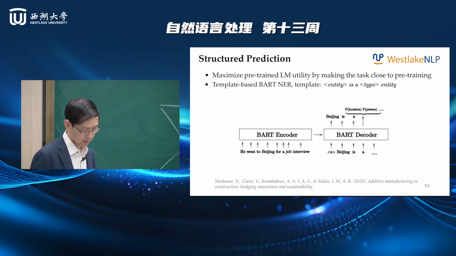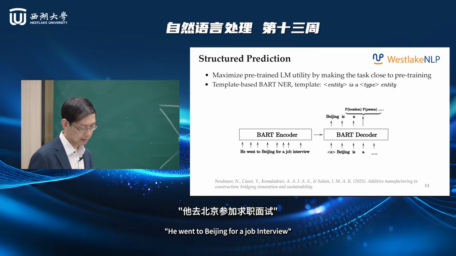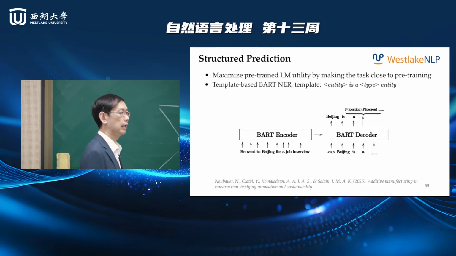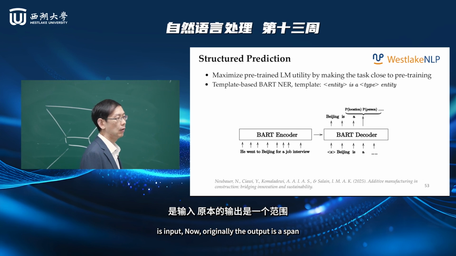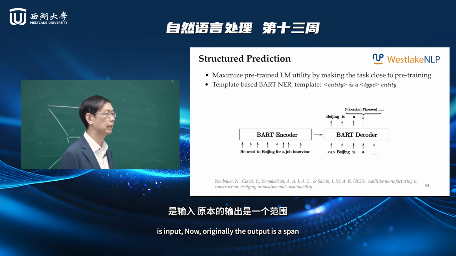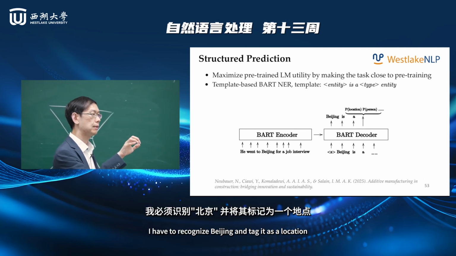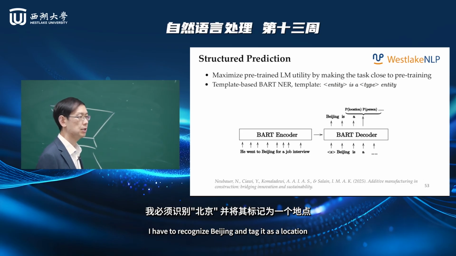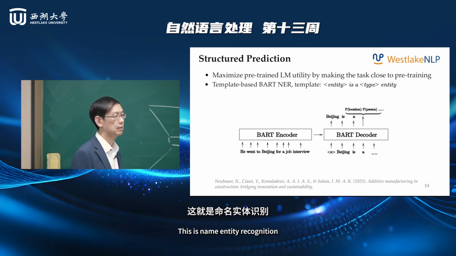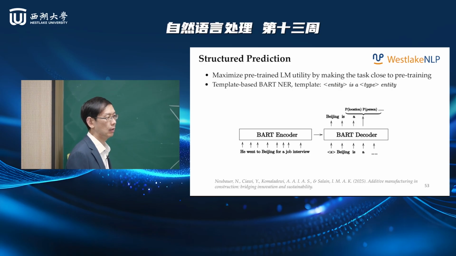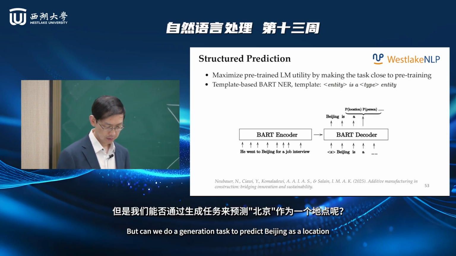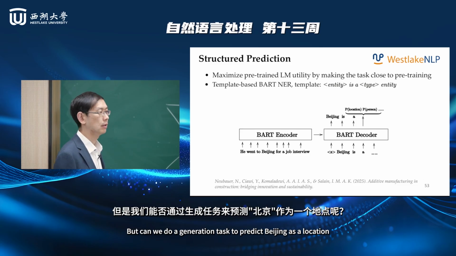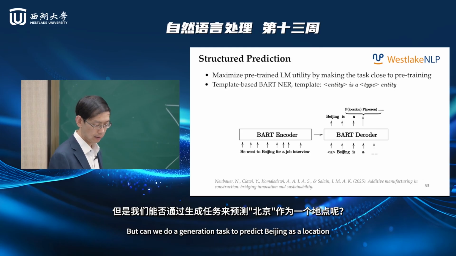So "He went to Beijing for a job interview" is the input. Now, originally the output is a span, right? I have to recognize Beijing and tag it as location. So this is named entity recognition. But can we do a generation task to predict Beijing as a location?